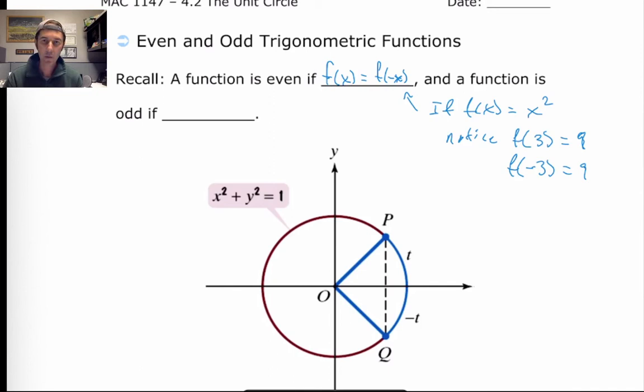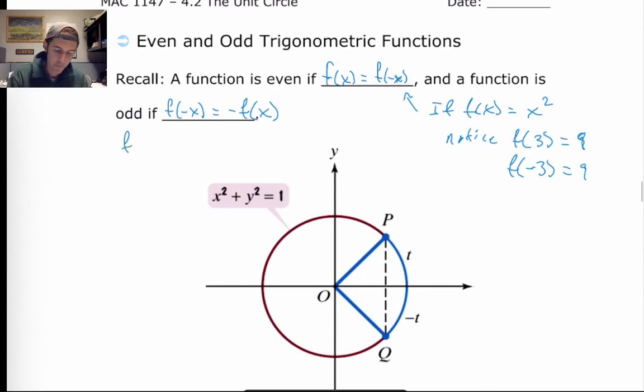If every time you negate an input value, the output doesn't change. And a function is odd if f of negative x is equal to negative f of positive x. What that means is that if you use an opposite input value, you get out an opposite output value.